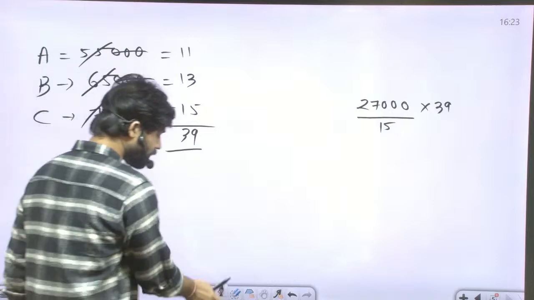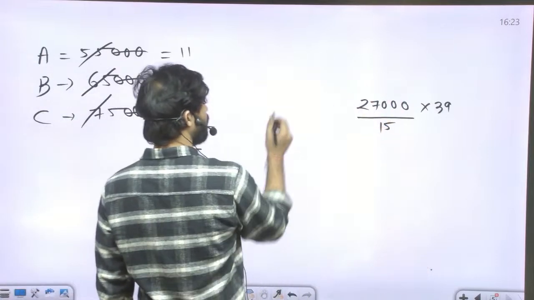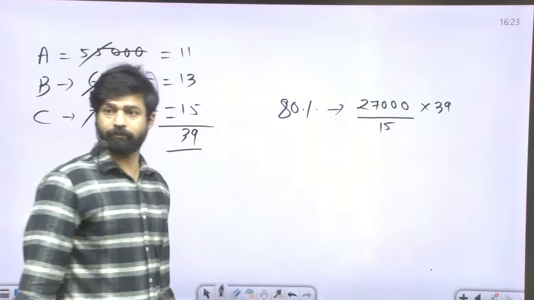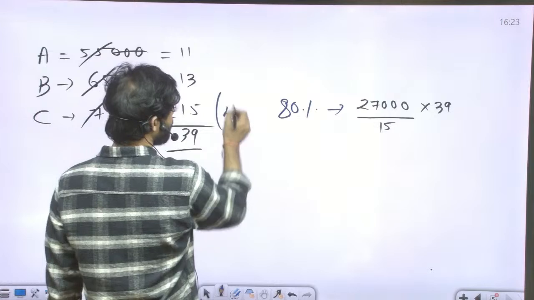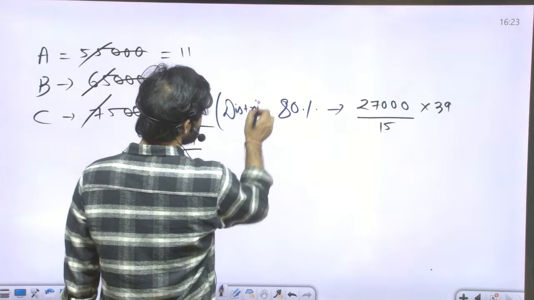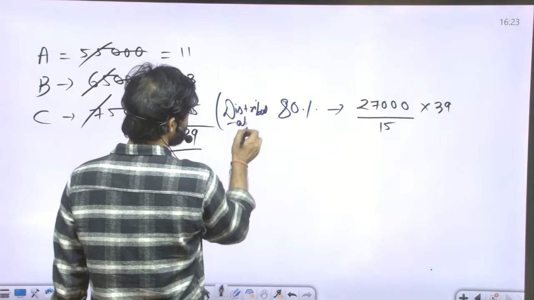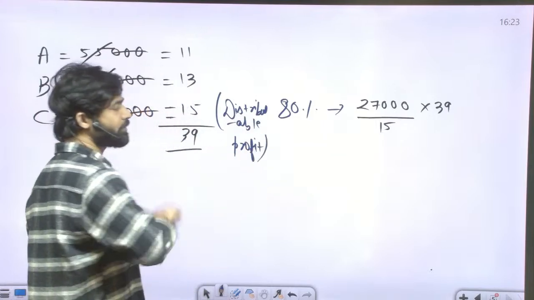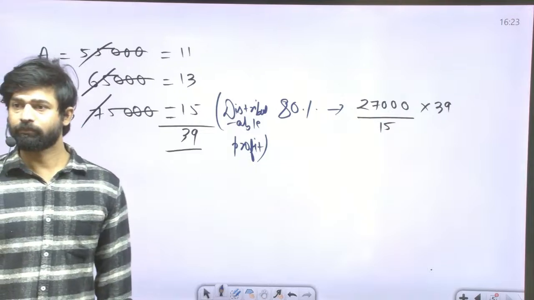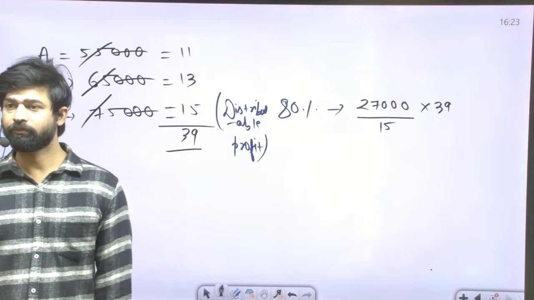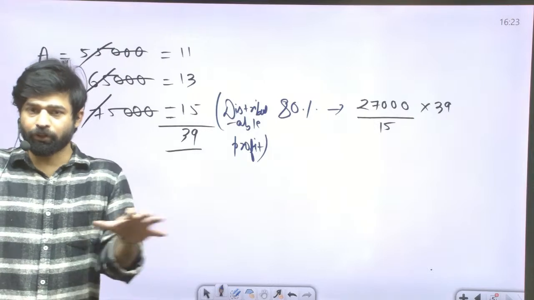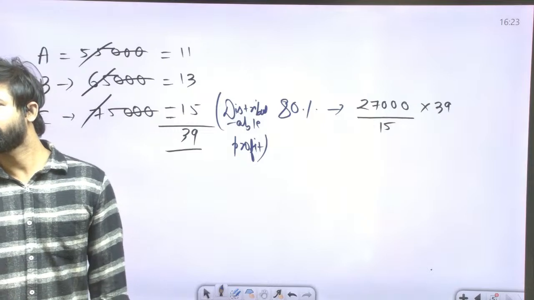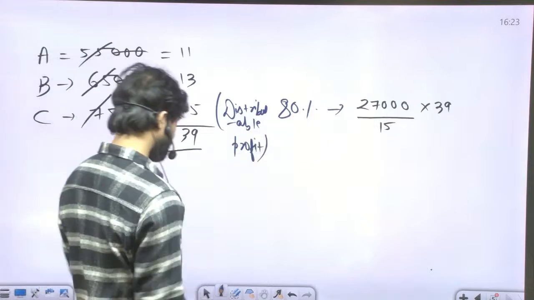So this is the value of 80%, or we can say this is the distributable profit. And what will be the total profit in percentage? 100%. What will be the total profit if we include the part of A also? So this is the value of 80%.